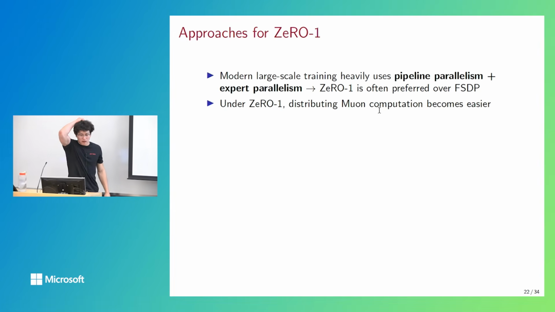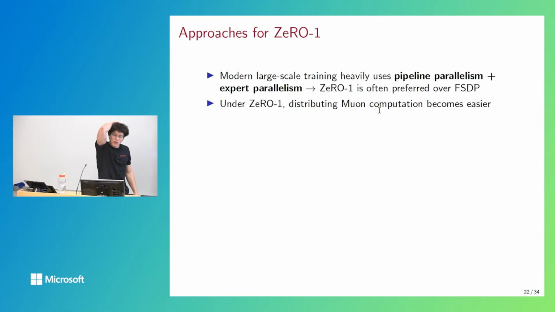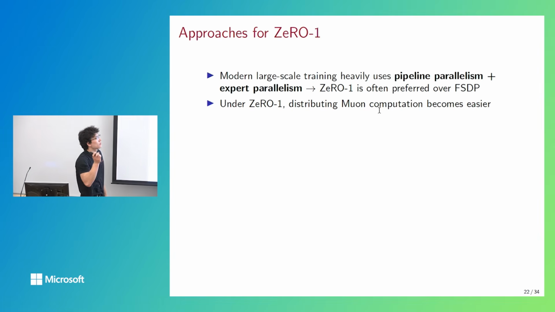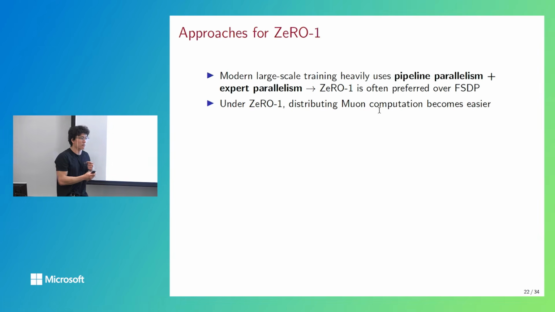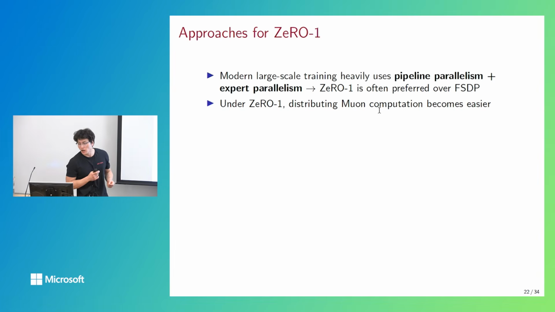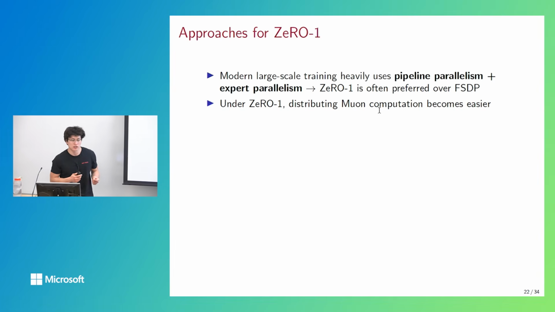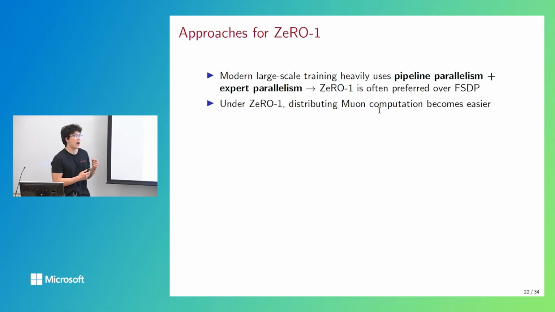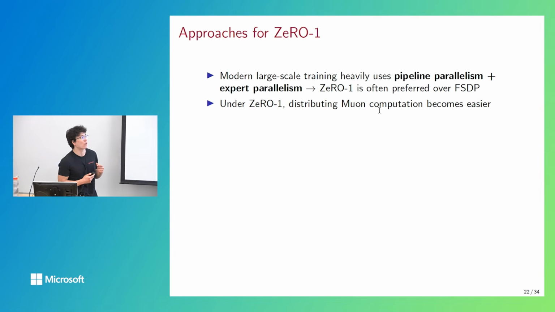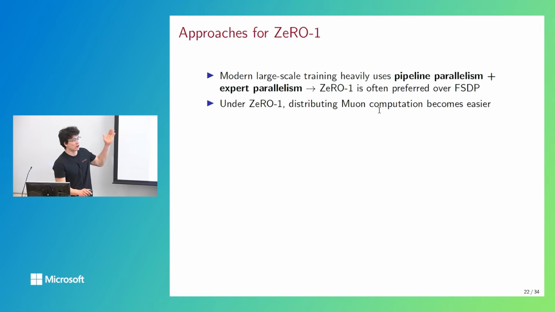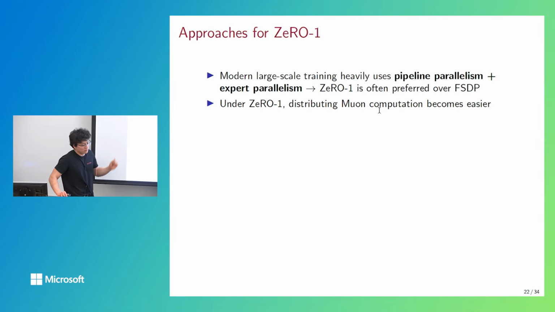The point here is that under ZeRO-1 sharding, distributing the Muon computation becomes a bit easier, because you can technically have different sharding for your optimizer states than for your parameters and gradients. Actually, in ZeRO-1, parameters and gradients are not sharded, so you have a lot more freedom in choosing the sharding for the optimizer states.